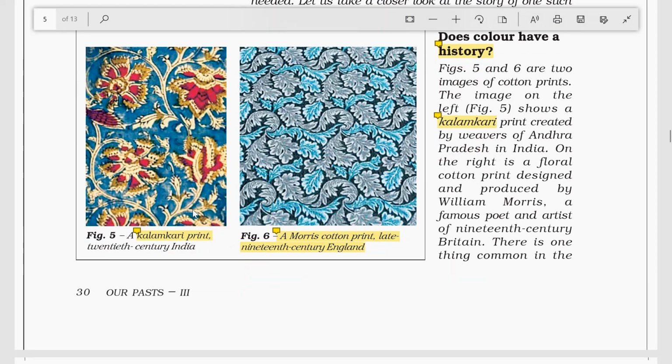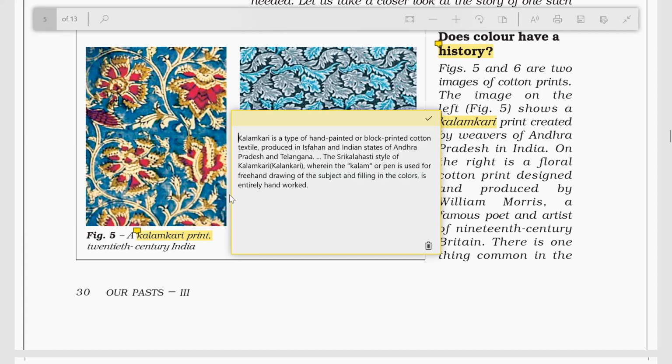Here they have given you two different prints. One is a kalamkari print and the second is a Mauritius cotton print. Now what do you mean by kalamkari print? It is a type of hand printed or block printed cotton textile produced in Isfahan and the Indian states of Andhra Pradesh and Telangana.